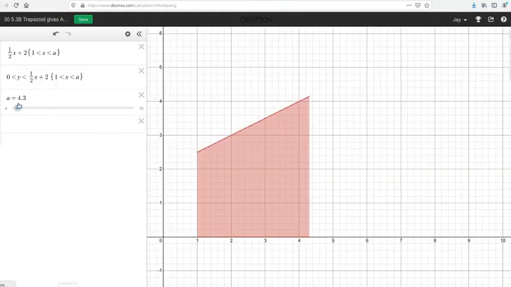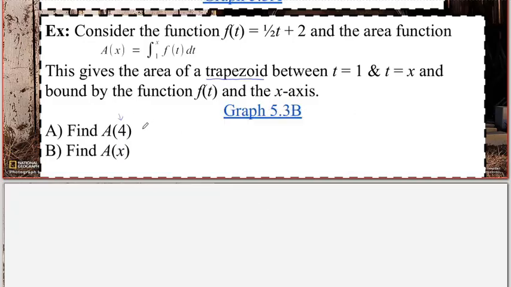It's this. And my function is going from 1 to some other value. For this problem, we're going to go from 1 to 4. So 4 is the x value that my area function is going to end at.